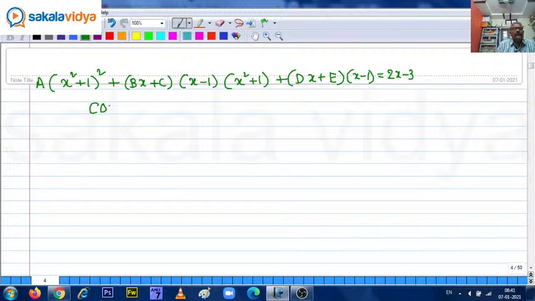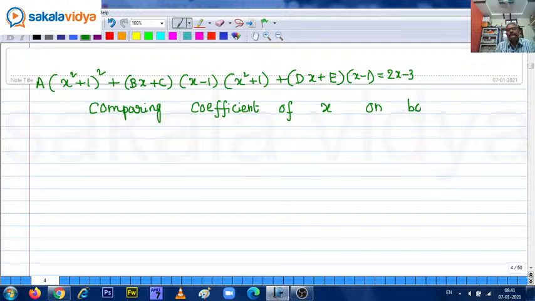So now comparing coefficient of x on both sides. So coefficient of x on both sides means, actually see here we don't get any coefficient of x square.